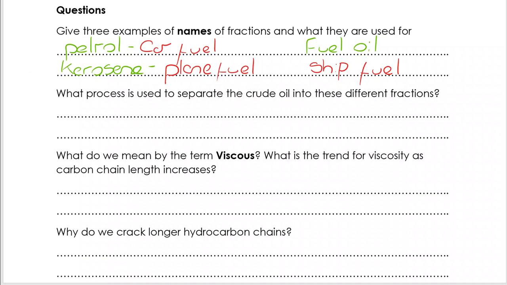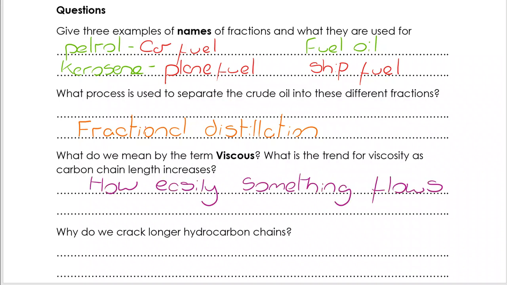What process is used to separate crude oil into these different fractions? And again, there's a video that goes through this in detail earlier: fractional distillation. We also talked earlier about the term viscous. What do we mean by it, and what's the trend as chain length increases?